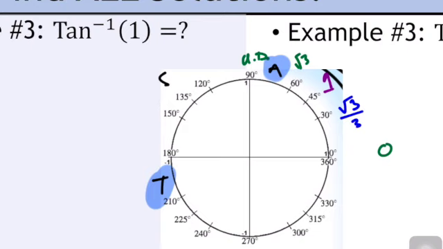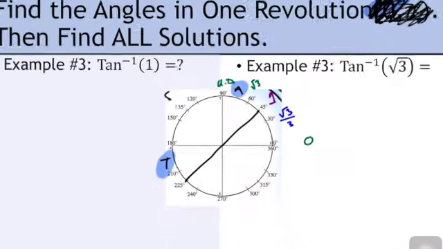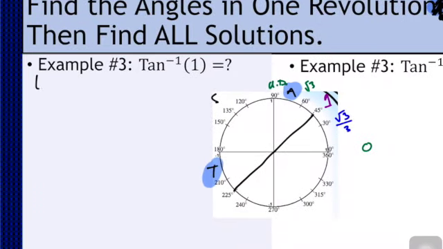All right, so quadrant 1 and 3, tangent's positive. So in which of those quadrants do I get a value of 1? So we can see that at 45, so that angle right in the middle, and then same thing there. So our answer here is going to be 45 degrees and 225 degrees.